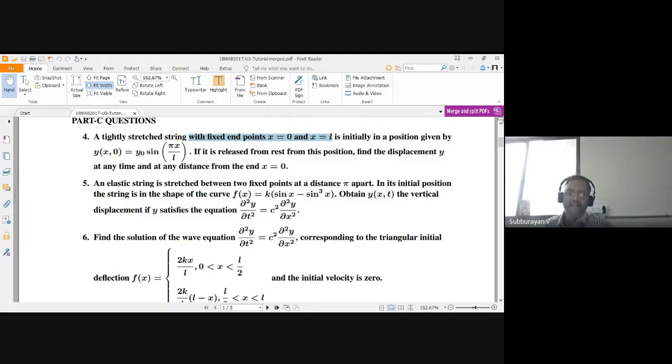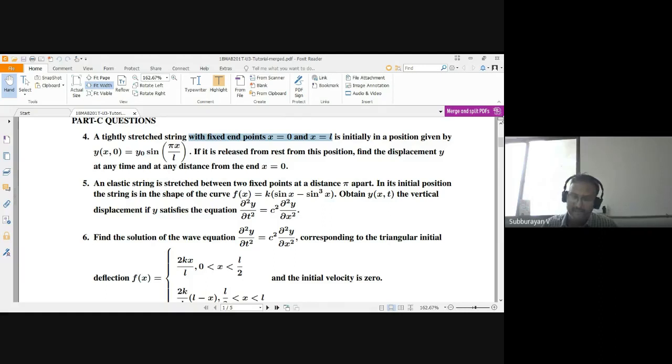This is the initial condition. So the last condition can be written as k by 4 into sine x plus k by 4 into sine 3x. We have rewritten it like this.